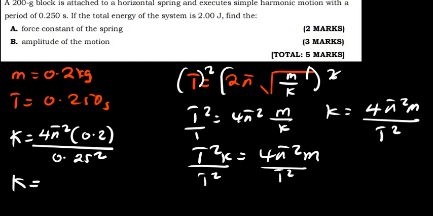So the k value will be 4 times pi squared times 0.2. The answer I'm getting is 7.89568. I divide this by 0.25, then I square it. So I'm getting 126.33.